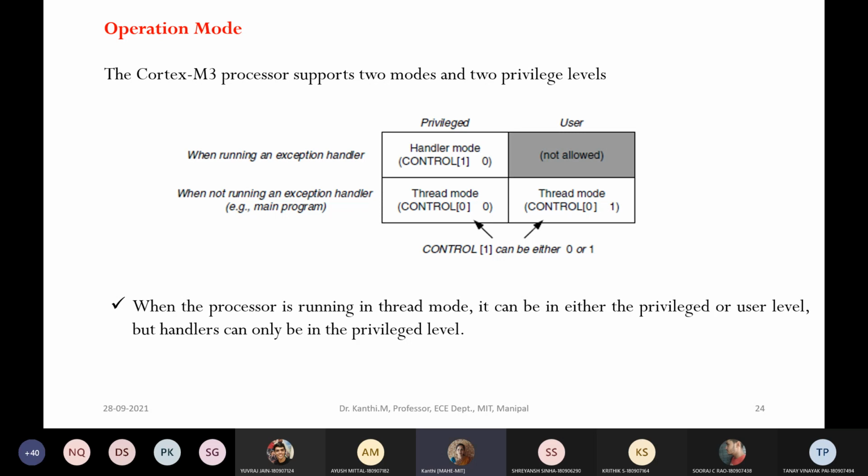So when the processor is running in the thread mode, it can be either in the privileged or user level, but handlers can only be in the privileged level. This I have already mentioned. I hope you got it clear. I'll go back.